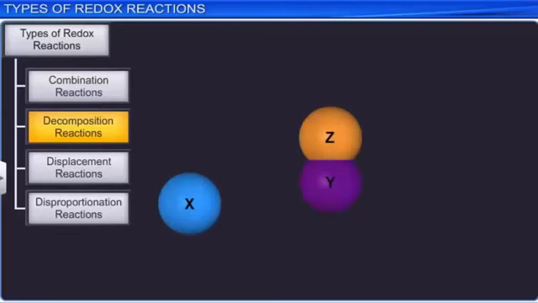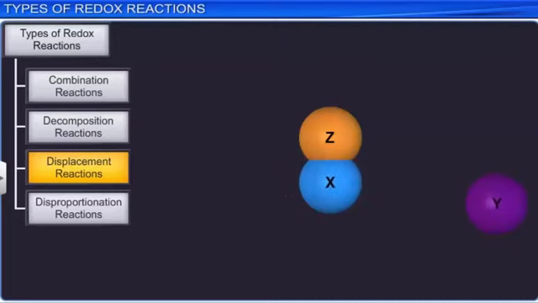The third category of reactions is the displacement reactions. In a displacement reaction, the atom or ion in a compound is replaced by the atom or ion of some other element.